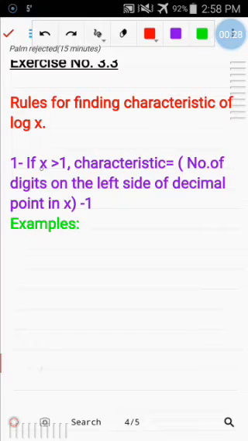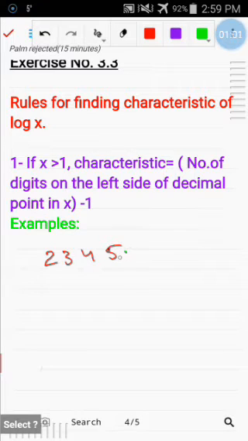If any number is greater than 1, the characteristic of that number is equal to the number of digits on the left side of the decimal point minus 1. For example, if we have the number 2345, the decimal point is here.